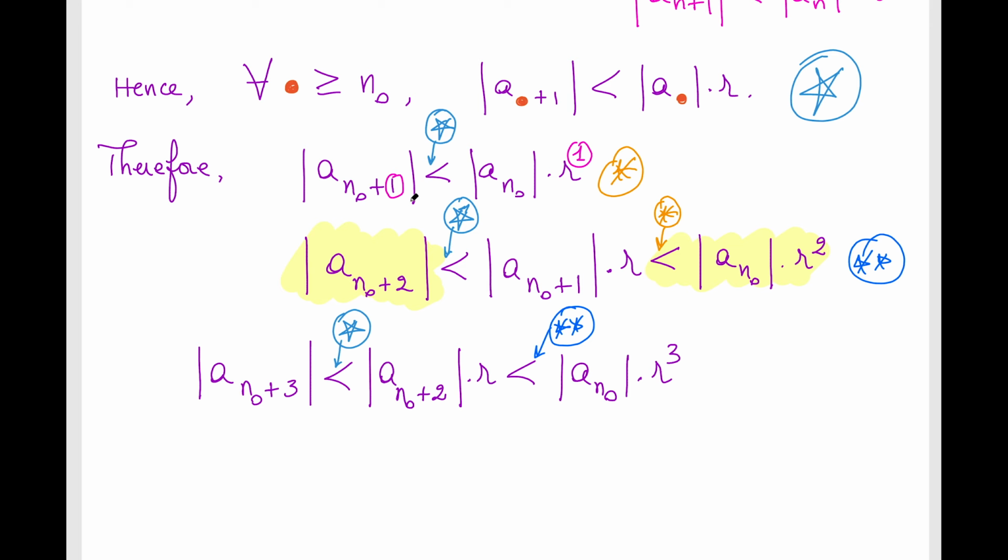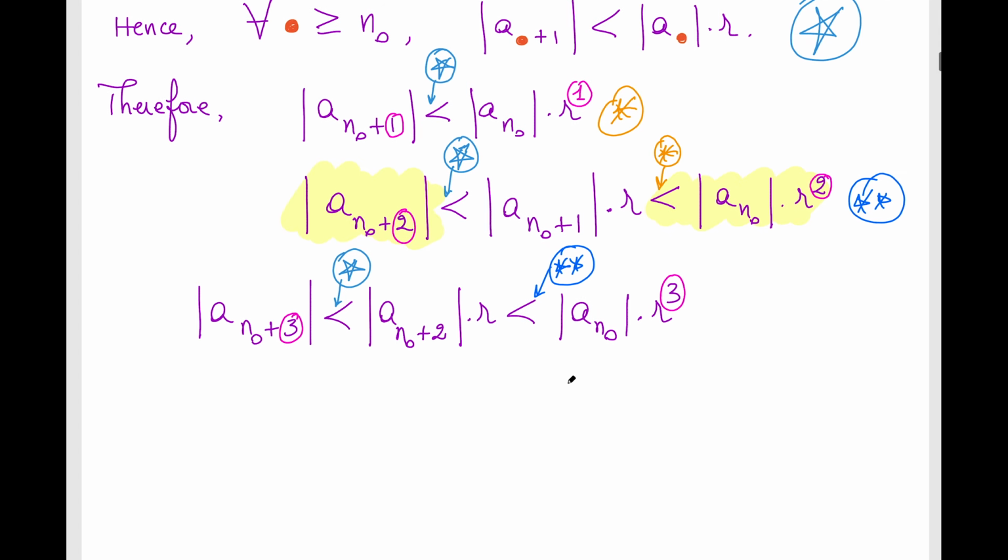Which thing I'm talking about? That thing here, right? When we had 2, we got that 2 here, and the rest are the same. So we get smaller than absolute value of a_{n0}, same thing, times r squared, and that 2 is technically this guy. And for the 3, same thing.